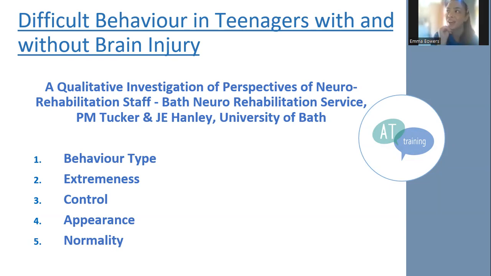But again, I think we need to also recognise that when somebody sustains a TBI, they have significant personality, behavioural and emotional regulation changes, largely due to the area which has sustained the injury.